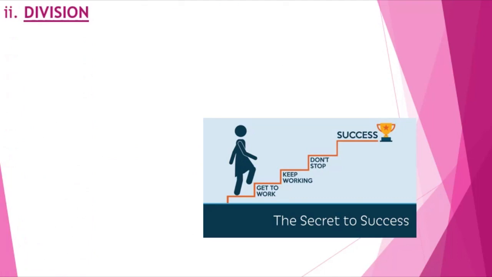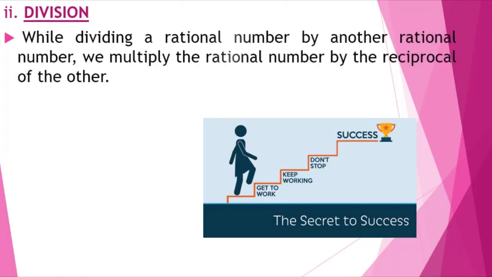Next is our last operation on rational numbers, that is division. While dividing a rational number by another rational number, we multiply the rational number by the reciprocal of the other. For example, 2 by 3 divided by minus 7 upon 8.